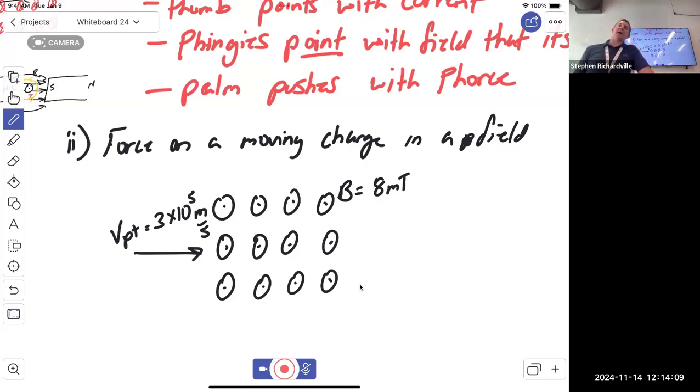What's kind of cool about a mass spectrometer is that you're going to separate out charged particles with different masses based on how they're going to accelerate in the magnetic field. So you have basically a thing that accelerates charged particles and then it bends.